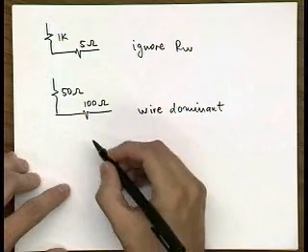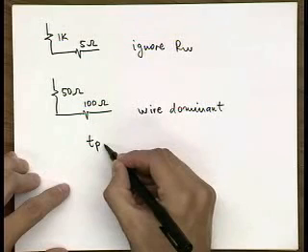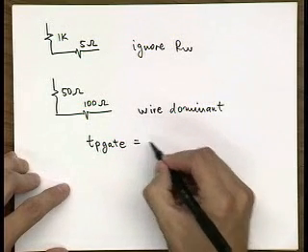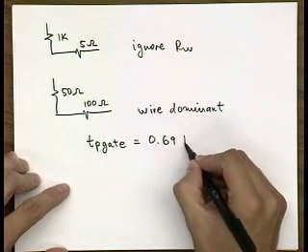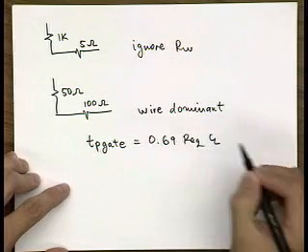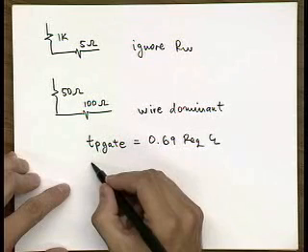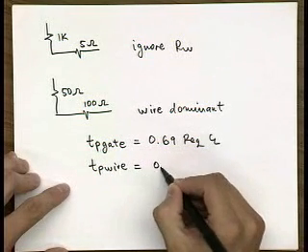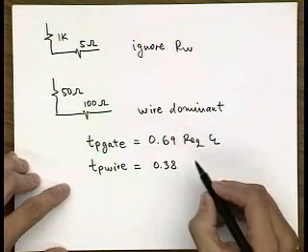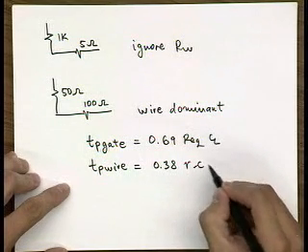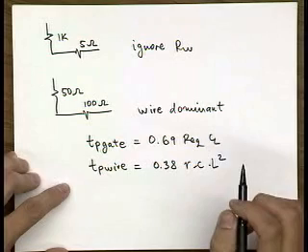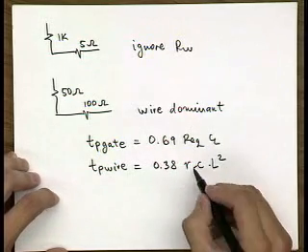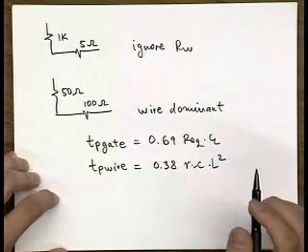So now let's write down the formula for the propagation delay of a gate. We know that it is equal to 0.69 R equivalent C load. And we also know that t_p wire is equal to 0.38 RC times L squared, where L is the length of the wire, and R and C are the unit length resistance and unit length capacitance.